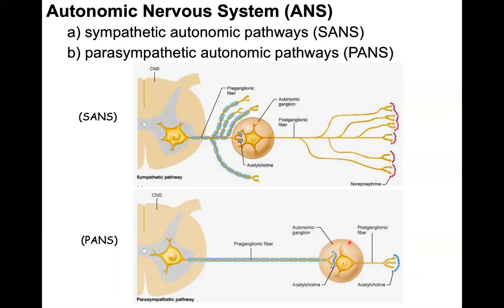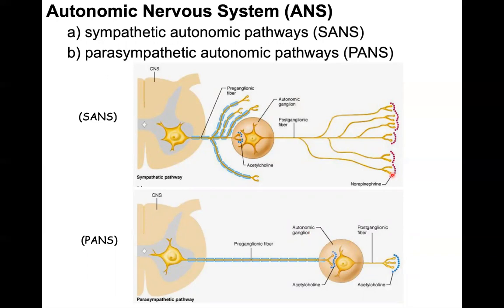So both of them have a pre and a post-ganglionic neuron. So they have a preganglionic neuron that extends from the central nervous system, and then a ganglion where the second cell body is, and a post-ganglionic neuron that causes change in some effector.